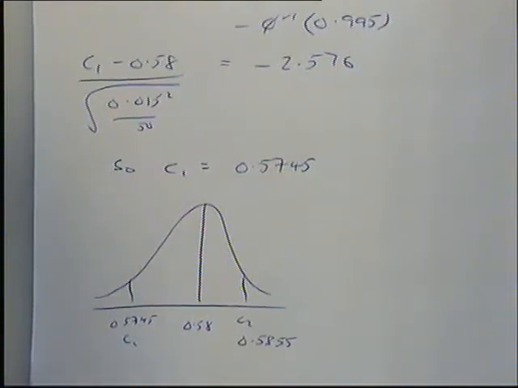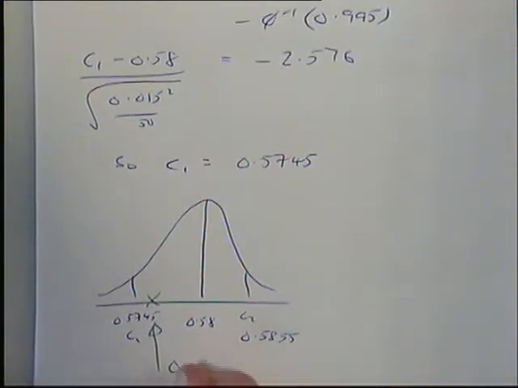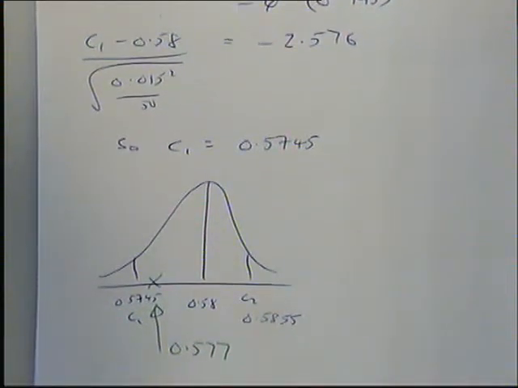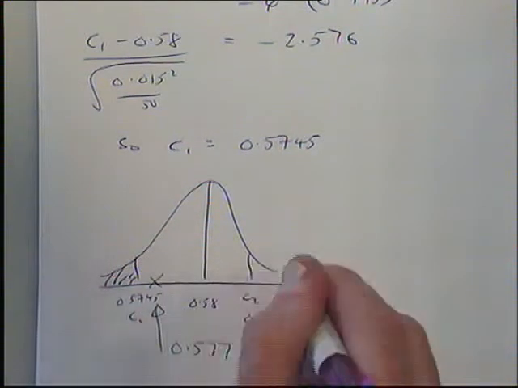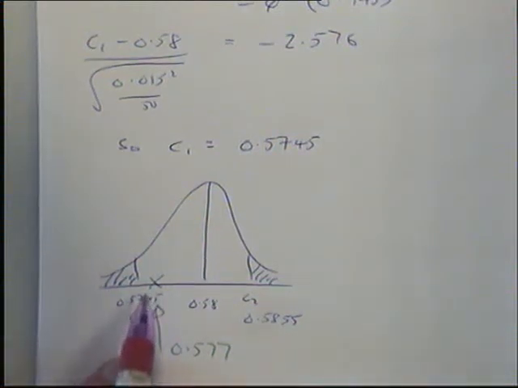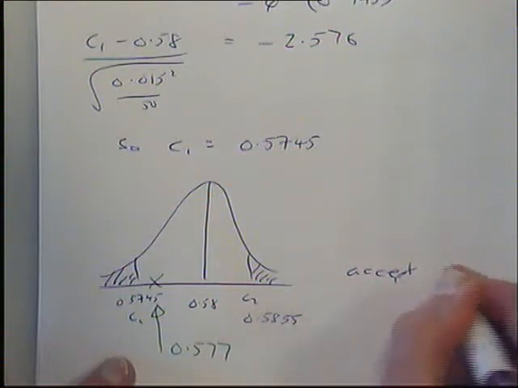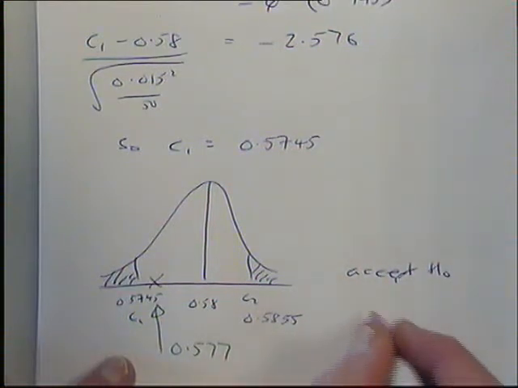And the value we had was 0.577, which is here. So we're not in a tail. If we were in either of these tails, we would reject H0, but our sample is not in either of those tails, so we accept H0.